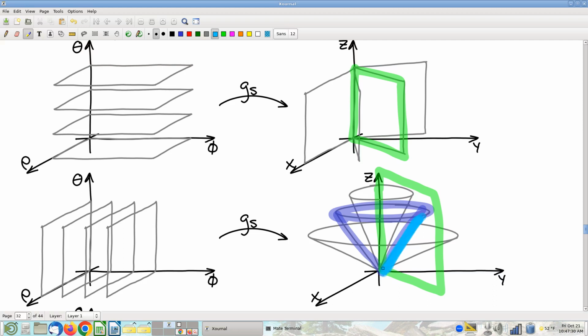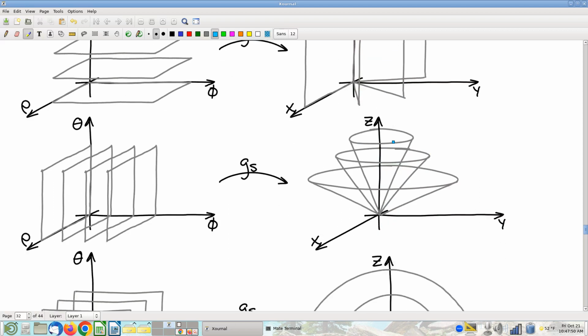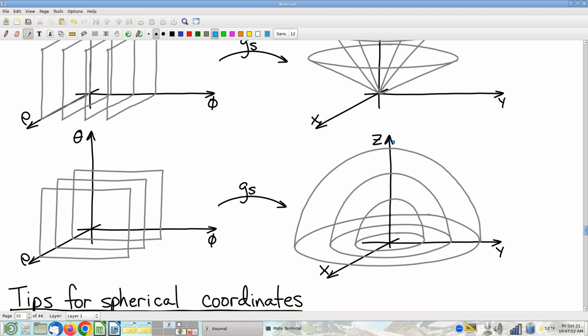Right, so in practice, theta slices are like this. Phi slices of theta slices look like this. They're little line segments, kind of angled, from the origin, angle measured from the z-axis. And of course, rho slices, right?